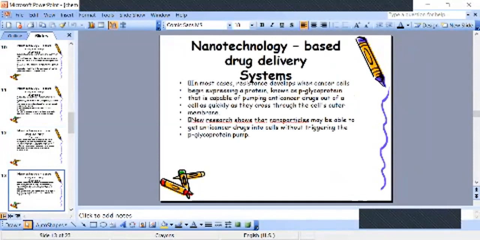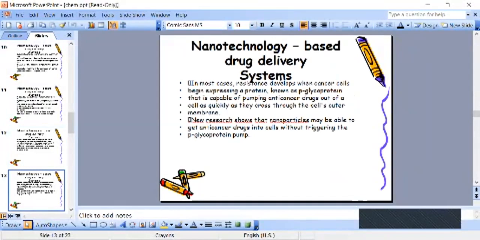In most cases, the resistance develops when cancer cells begin expressing a protein known as P-glycoprotein that is capable of pumping anti-cancer drugs out of a cell as quickly as they go through the cell's outer membrane. New research shows that nanoparticles may be able to get anti-cancer drugs into cells without triggering the P-glycoprotein pump.